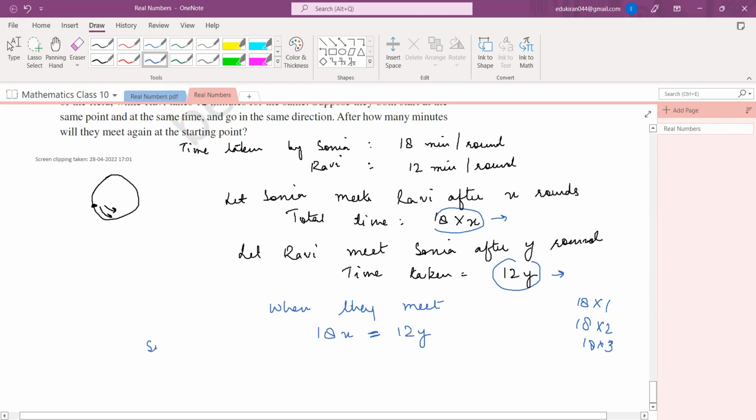Fine. So since we are finding the minimum time, we have to find the least common factor.